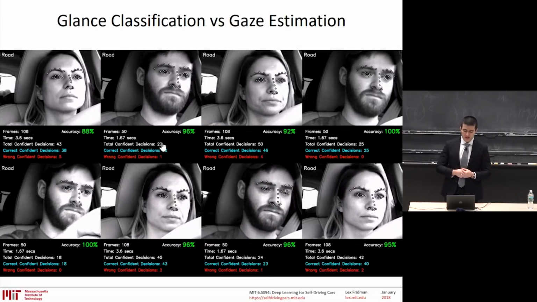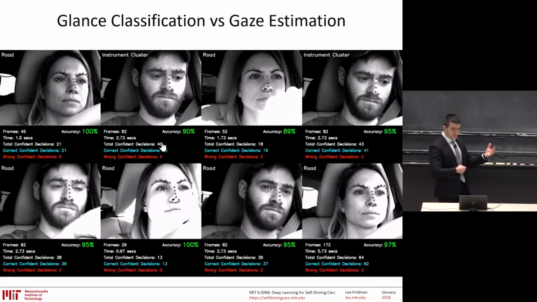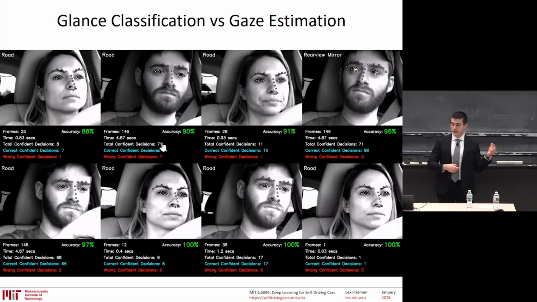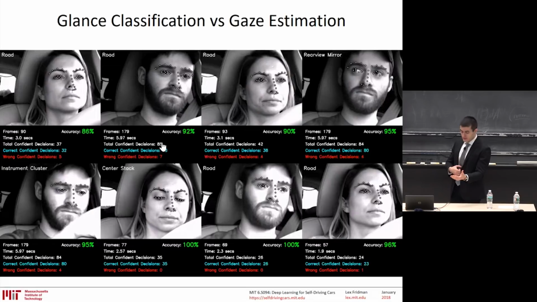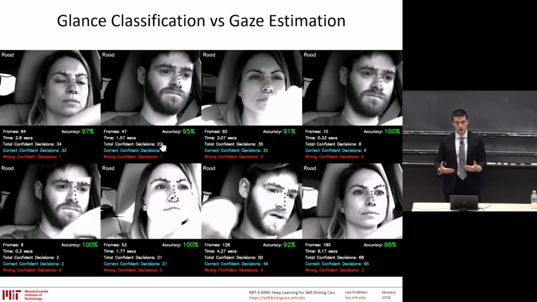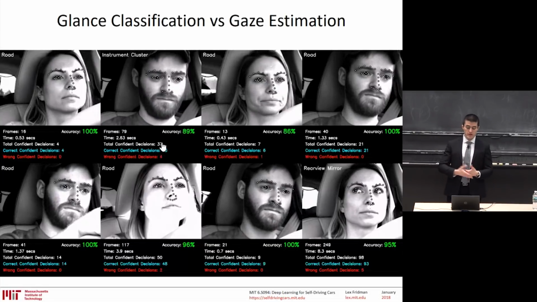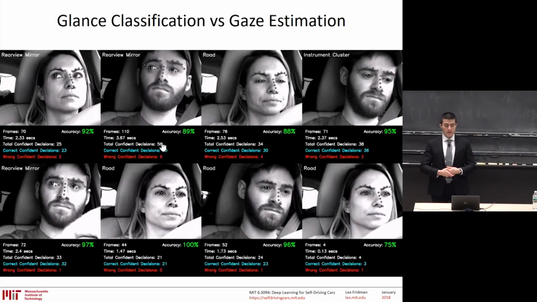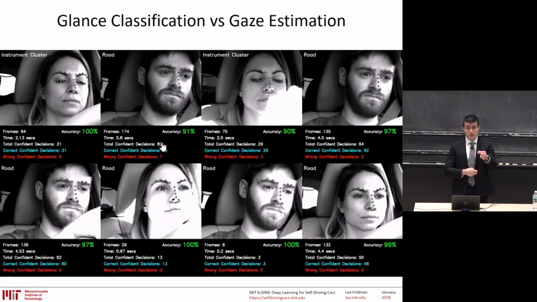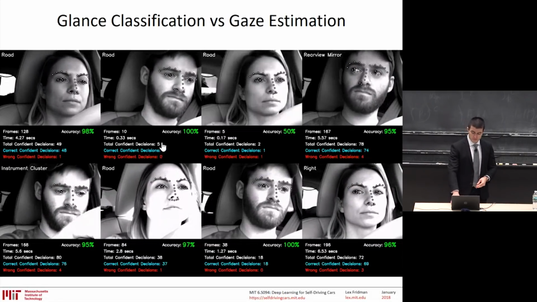If we convert this into a gaze classification problem, shown here, glance classification is when taking the raw video stream, determining in post, so humans are annotating this video, which region the driver is looking at. We're able to do that by converting the problem into a simple variant of classification.